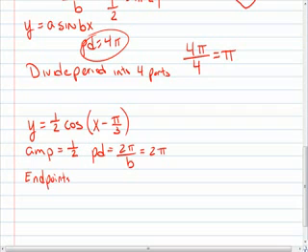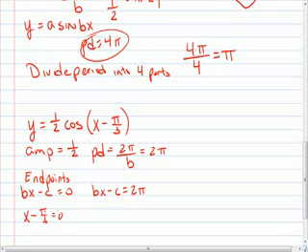And you can find endpoints because they are given by taking what's inside the parentheses and setting them equal to 0 and 2 pi. So what is in the parentheses? X minus pi over 3. So you're going to set x minus pi over 3 equal to 0.